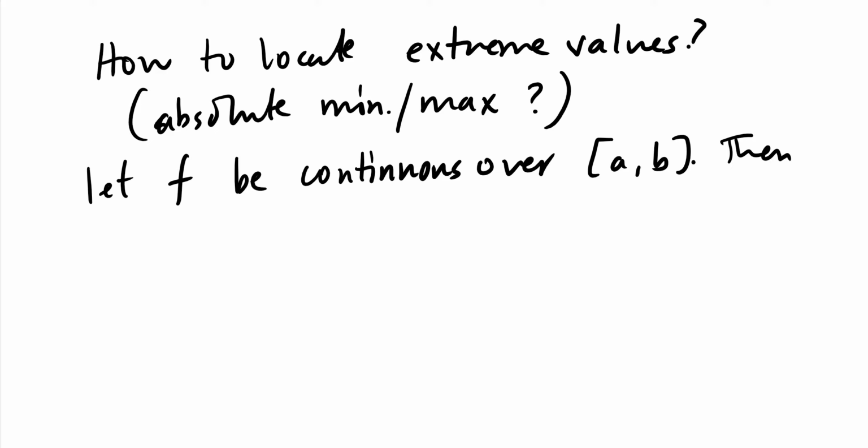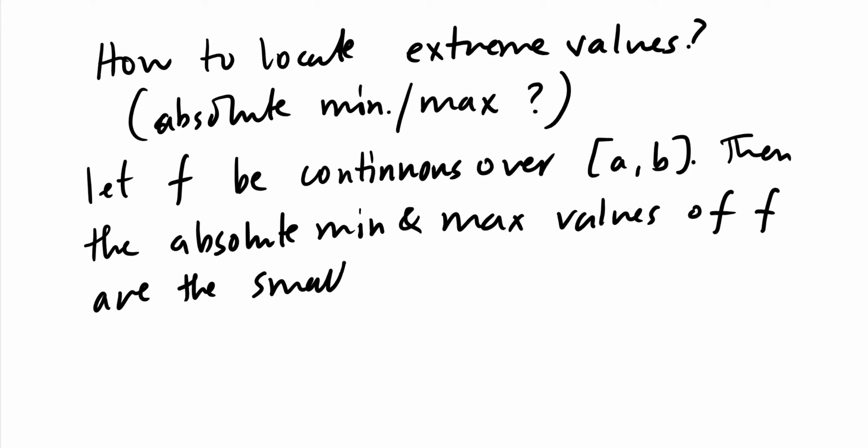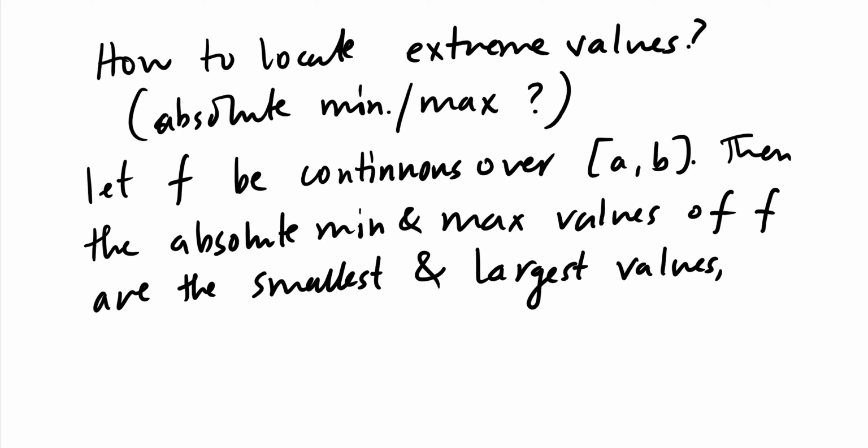Then the absolute min and max values of f are the smallest and largest values, as we defined them before, respectively, and they can be found using the guidelines.